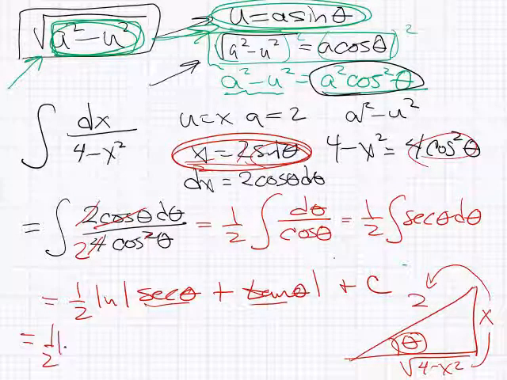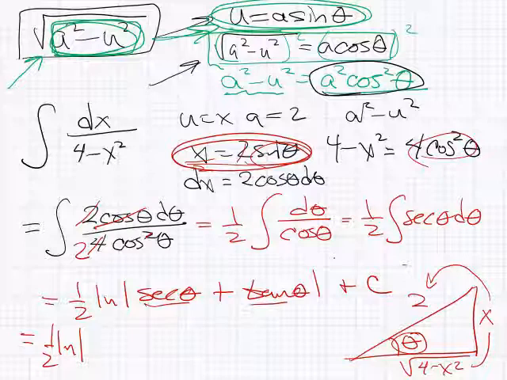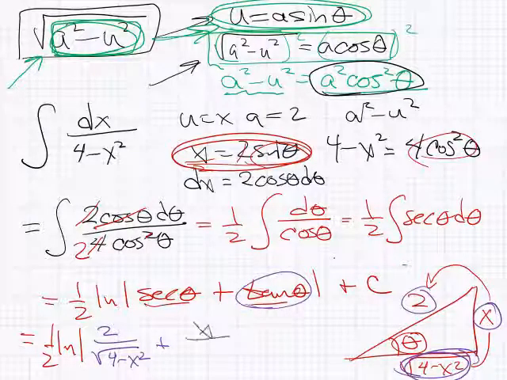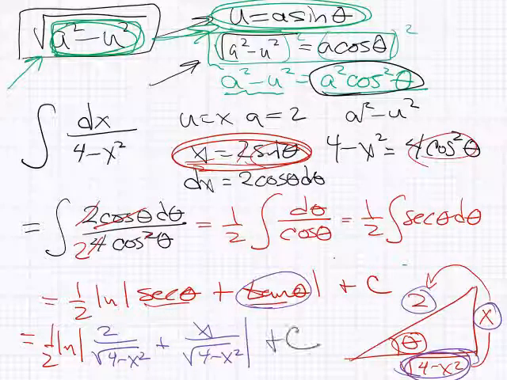So 1/2 log of secant. Secant is hypotenuse over adjacent, so that would be 2 over the square root of 4 minus x squared, plus tangent would be opposite over adjacent, so x over the square root of 4 minus x squared, plus c.